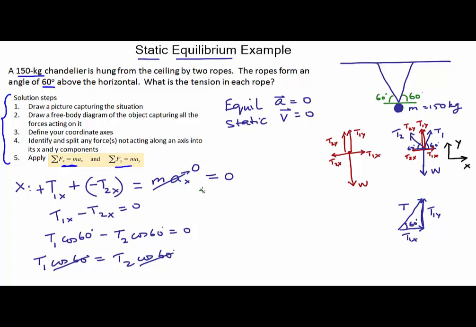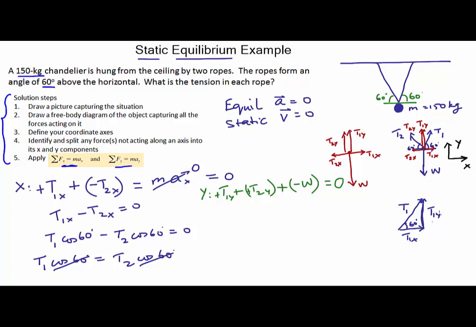Now let's see what happens along the y-axis. I've got T1y, which is a positive, plus T2y, which is a positive, plus weight, which is a negative. So that's the sum of all the forces along the y-axis, equals the mass times acceleration along the y-axis, and that acceleration is also 0. This object is not accelerating in the y direction either.